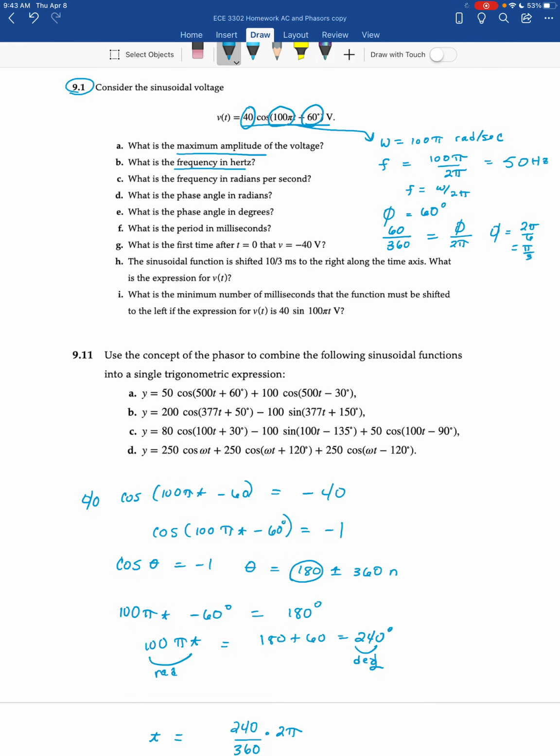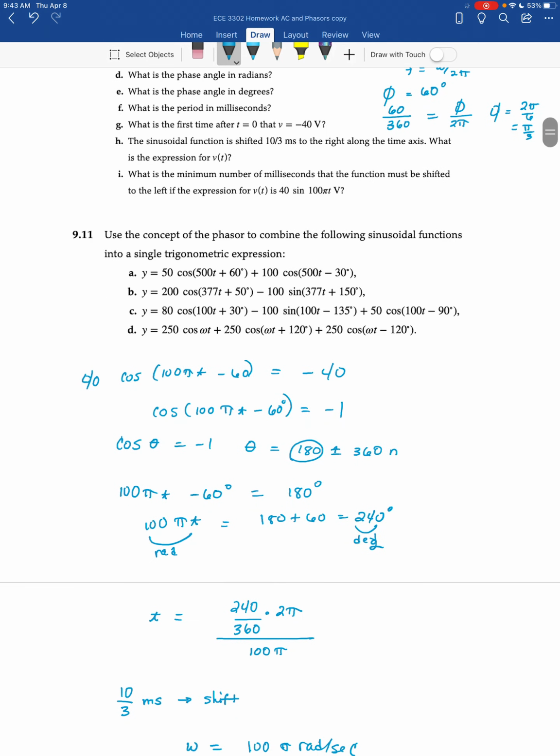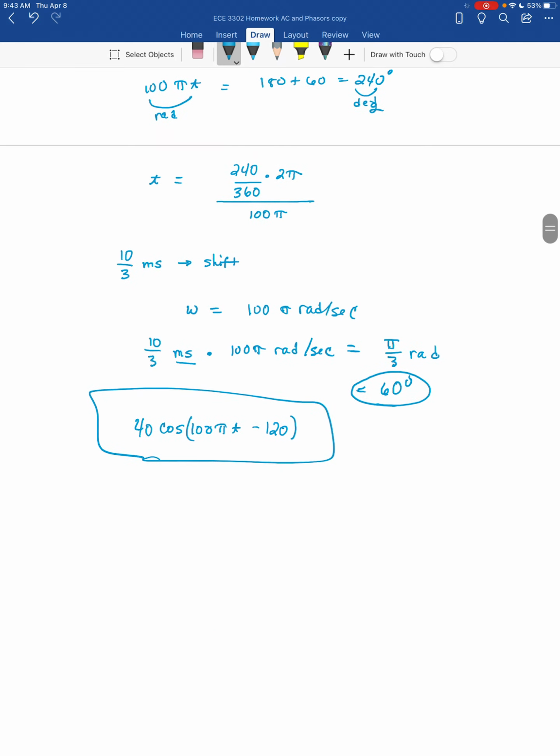Okay, and then finally, we're told, what's the minimum number of milliseconds that the function must be shifted to the left if the expression for v of t is 40 sine of 100 pi t? Well, the left shift would be the same. Notice first of all that this is sine, so we need to do a conversion so that we're comparing apples and apples.